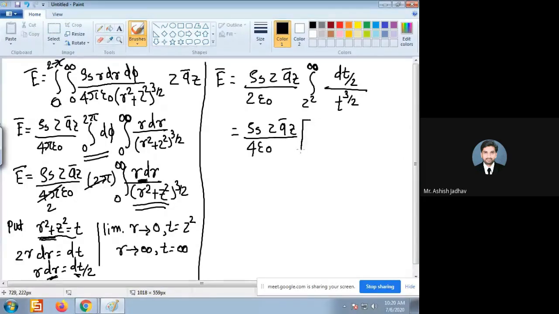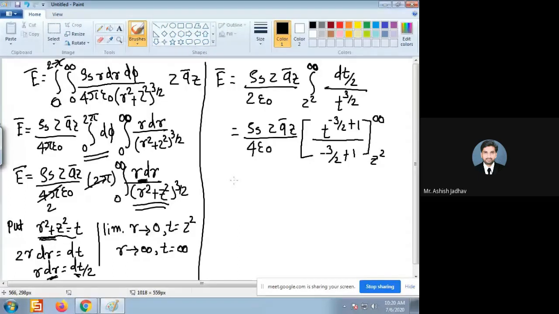Now if I take this integration, what could I get? t raised to minus 3 by 2 plus 1 divided by minus 3 by 2 plus 1, and here I can write z square and infinity as limits. See how I have solved this integration.